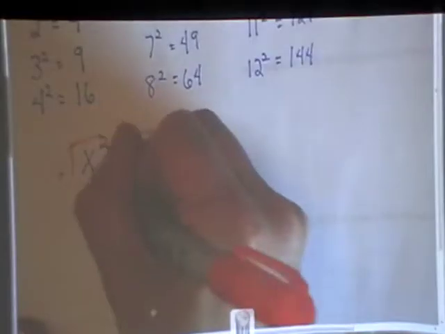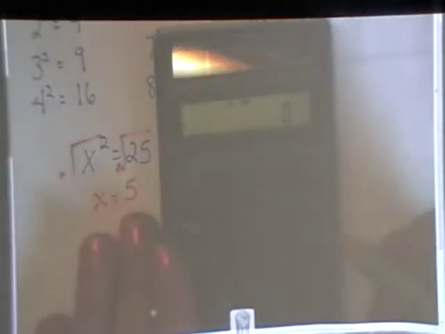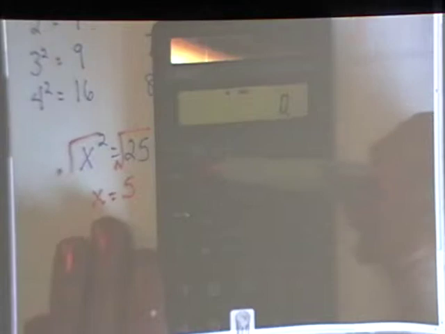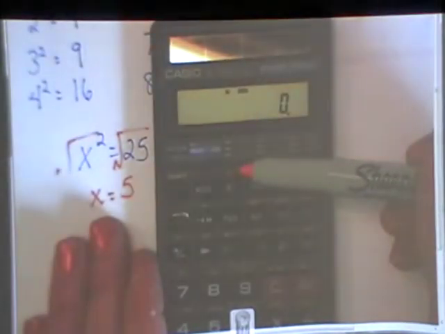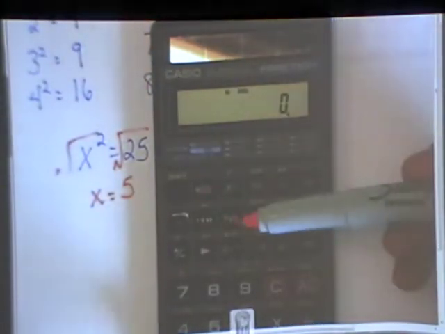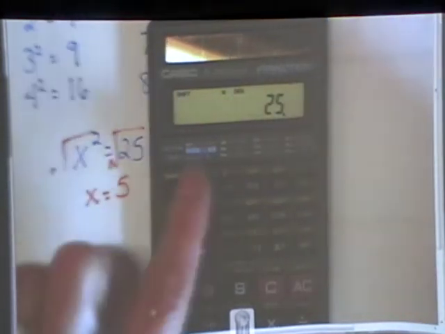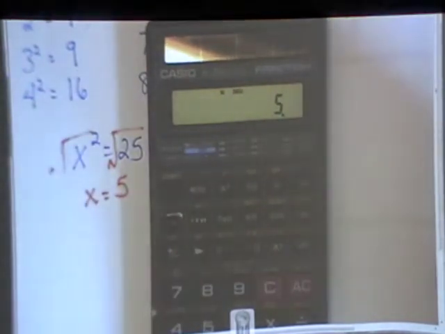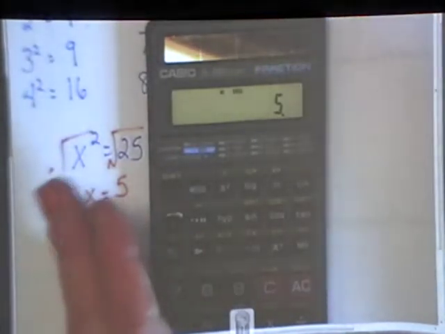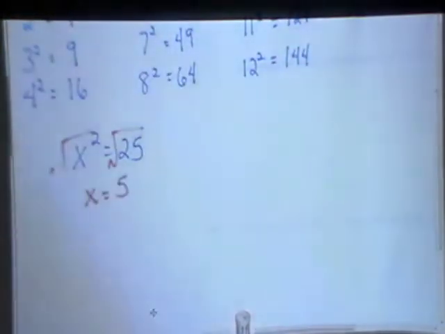And the square root of 25, we know, is 5. Again, if you've forgotten, grab your calculator. Right here on this top row, this one right here is your square root button. So you hit 25, and then you press the shift button and the square root button. Alright, we're good?